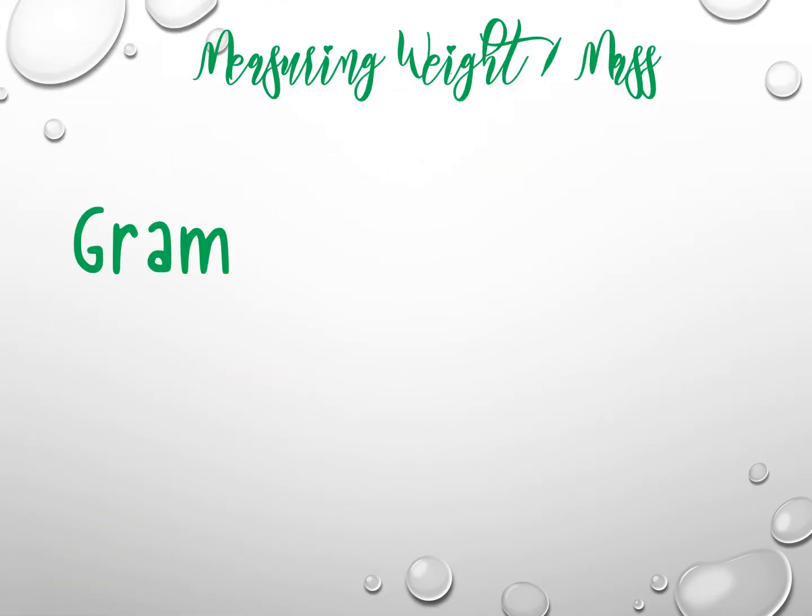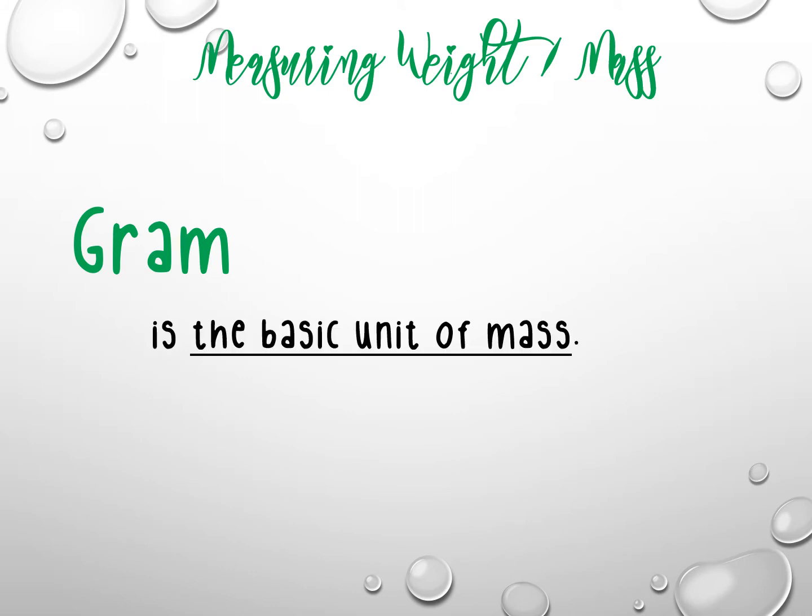In the metric system, gram is the basic unit of mass. So it is used for smaller or lighter masses such as ingredients in recipes or nutritional facts at the back of various food labels. So usually makikita nyo dun sa likod, like for example, the nata de coco. You can see how many grams is the nata de coco.